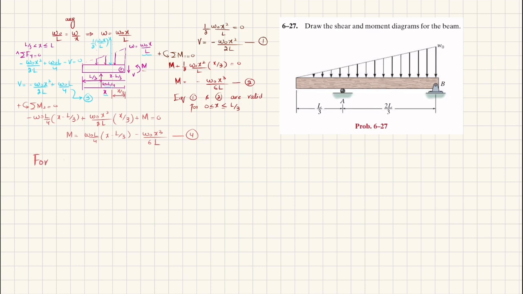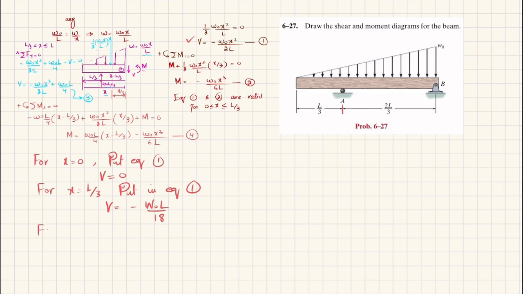So for X is equal to 0, put in equation number 1. You will get V is equal to 0. For X is equal to L by 3 at this point A, put in equation number 1. So you will get V is equal to minus W naught L over 18. You can just put it and you will get the different values.